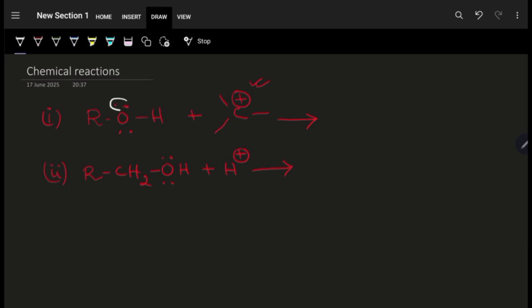In the first one, the oxygen has lone pair, and so don't you think the alcohol is acting as a nucleophile here? And this is your electrophilic center, and the lone pair over oxygen attacks the electrophilic center, the carbocation.